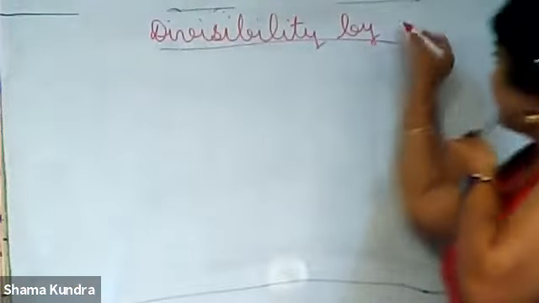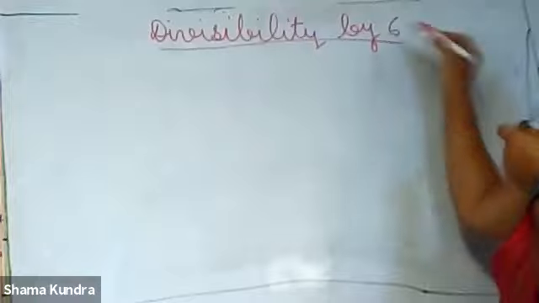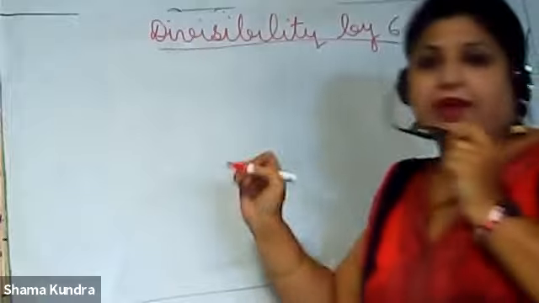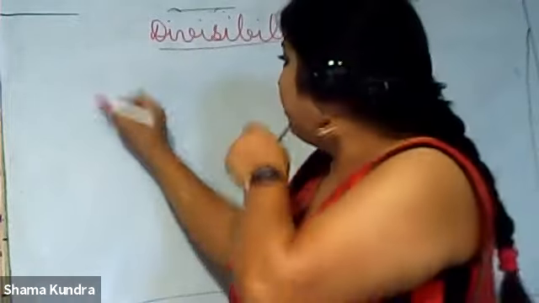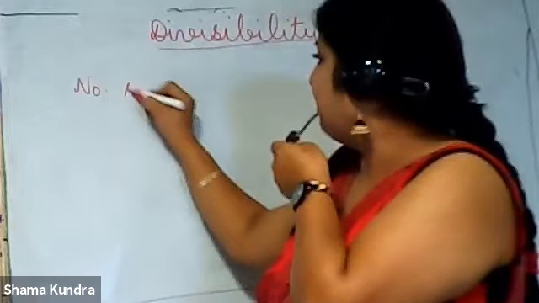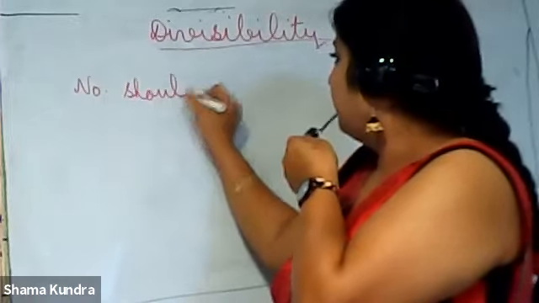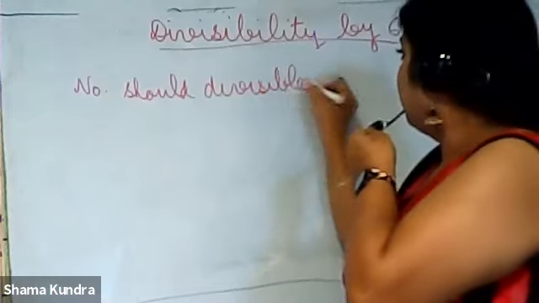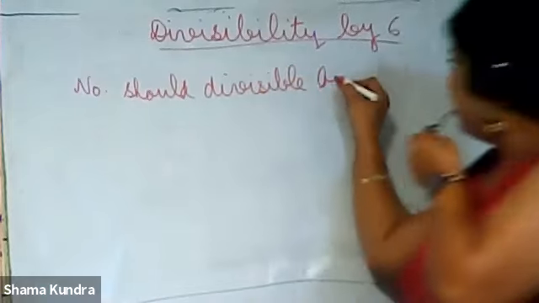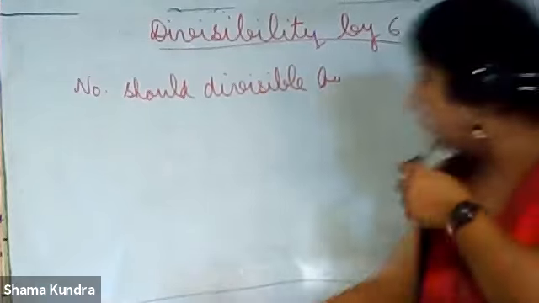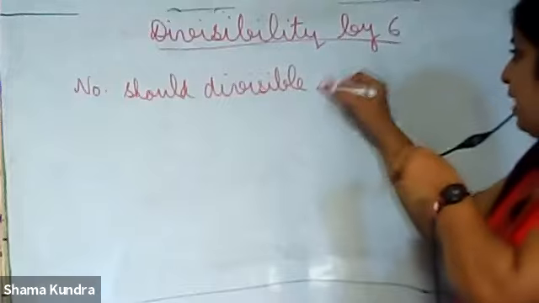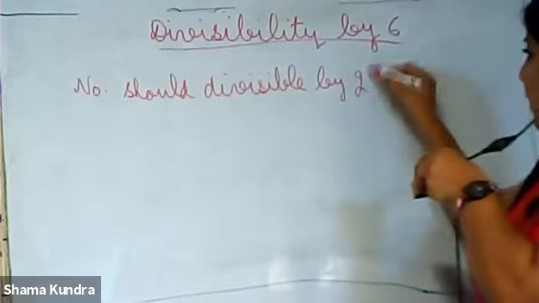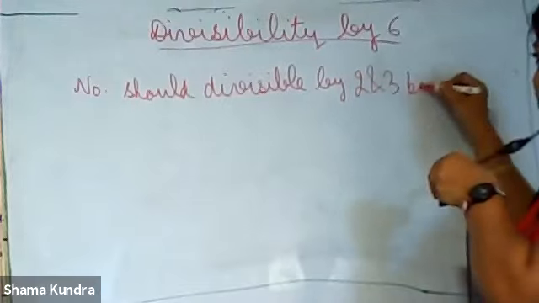Next is divisibility by 6. A number is divisible by 6 if the given number is divisible by 2 and 3 both.